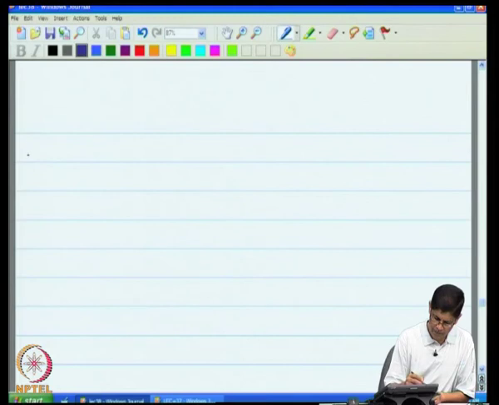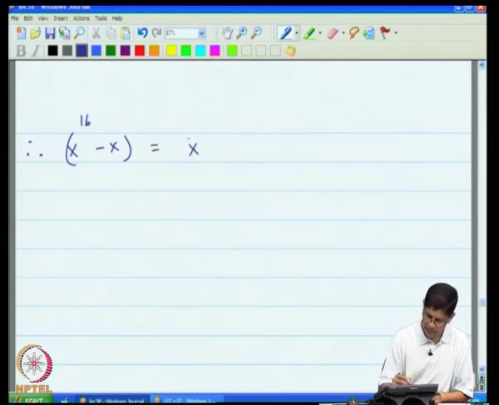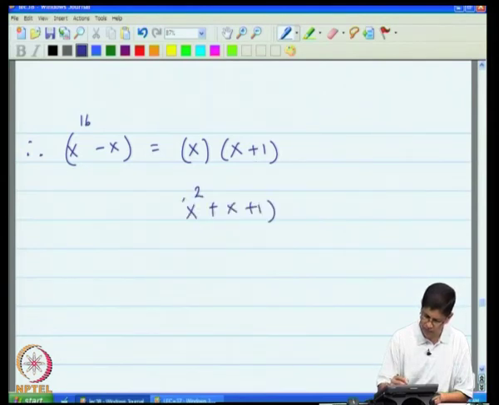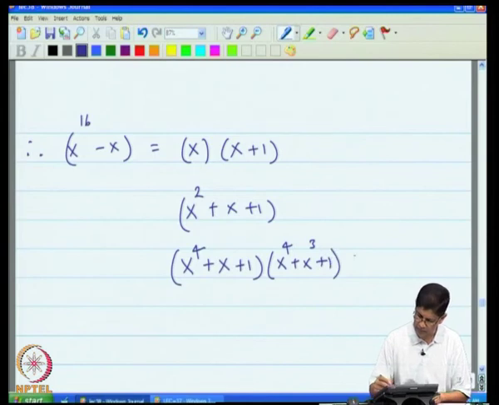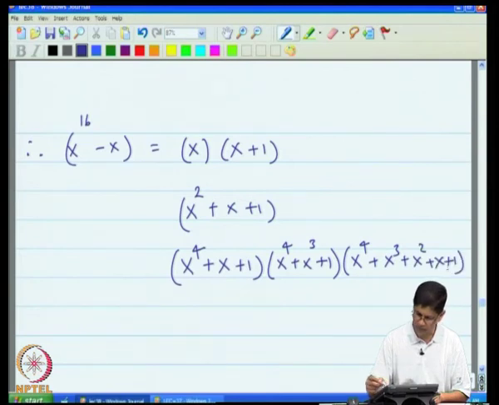since we know, therefore, x to the 16 minus x is x times x plus 1 times x squared plus x plus 1 times x 4 plus x plus 1 times x 4 plus x cubed plus 1 times x 4 plus x cubed plus x squared plus x plus 1.